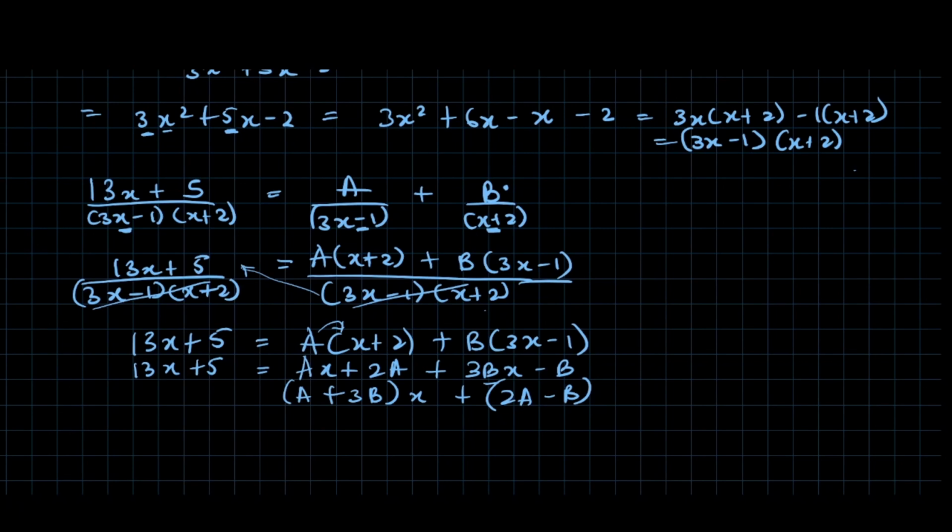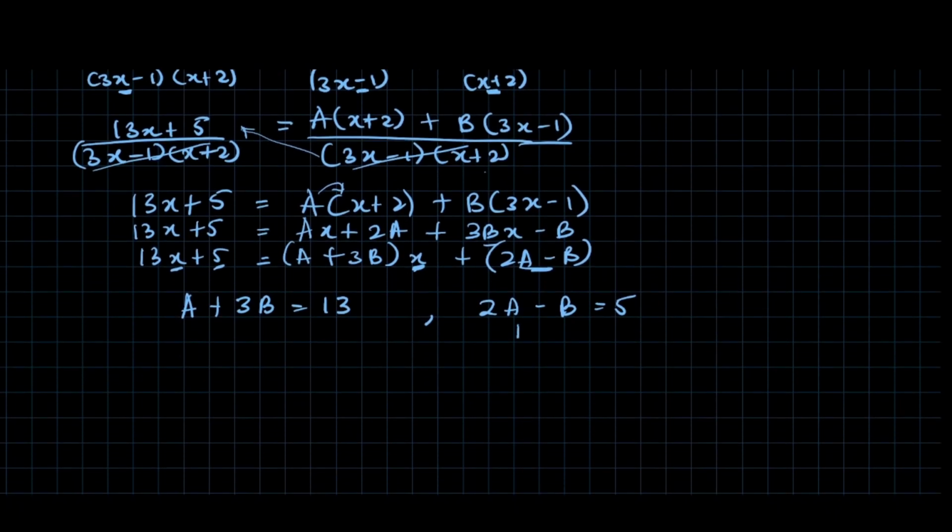I'm just going to equate coefficients. This has a coefficient of x and this also has a coefficient of x, so we're going to equate their values, A plus 3B equals 13. And this is a constant, this is a constant, so we're going to equate their values, 2A minus B equals 5. Now simply substitute, so B equals 2A minus 5, and then here we substitute in B, so it will be A plus 3 times 2A minus 5 equals 13. If you evaluate, you get 7A equals 28, so A is equal to 4.